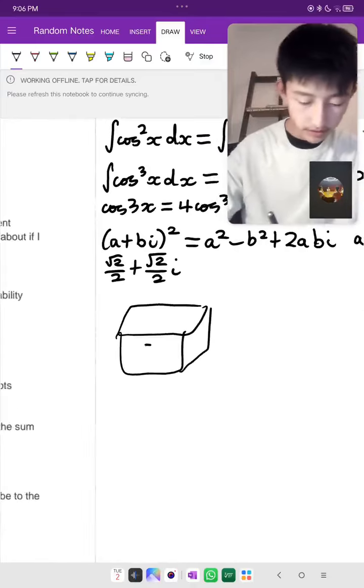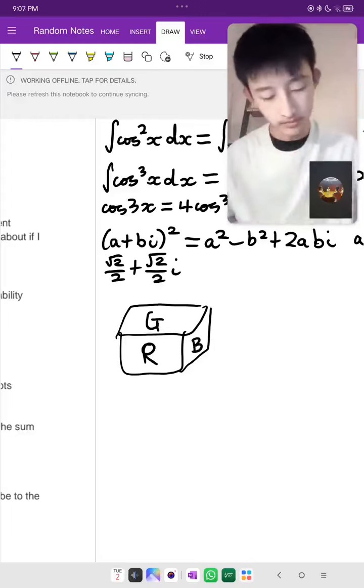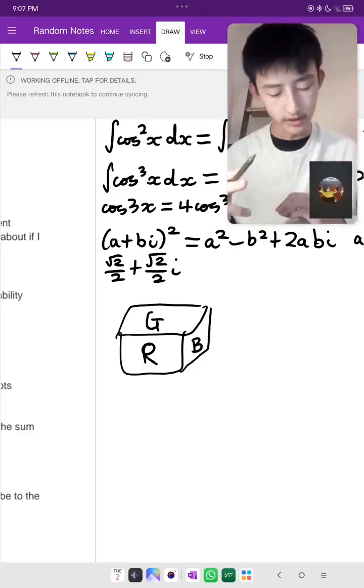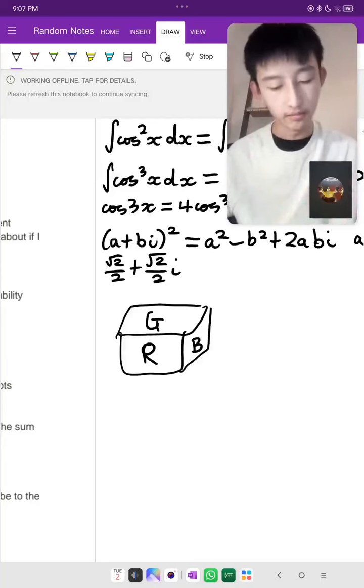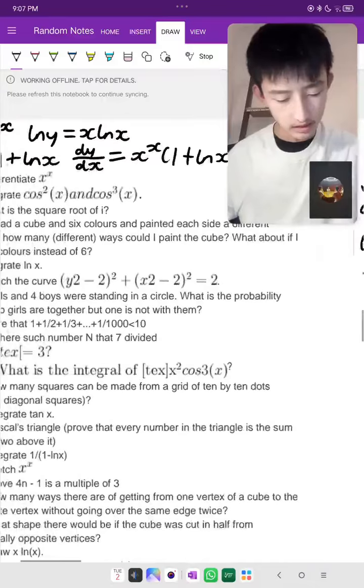if I were to paint this side red, this side green, this side blue or whatever, and then the other 3 sides whatever, if I were to rotate this cube and still see the same thing when I look at it from a fixed point of view, is that a different cube?